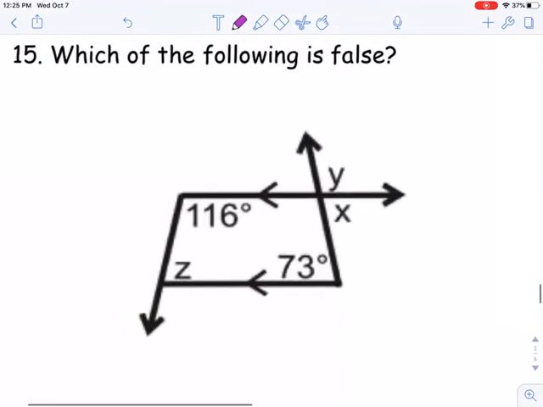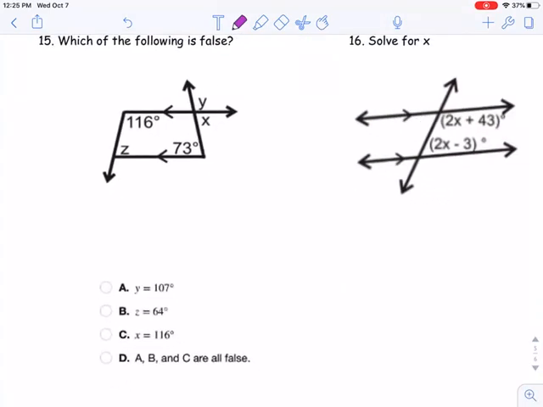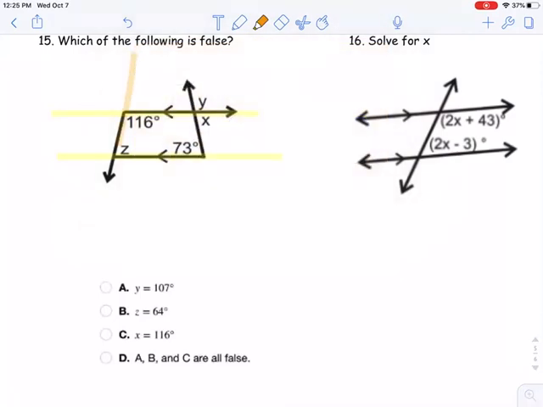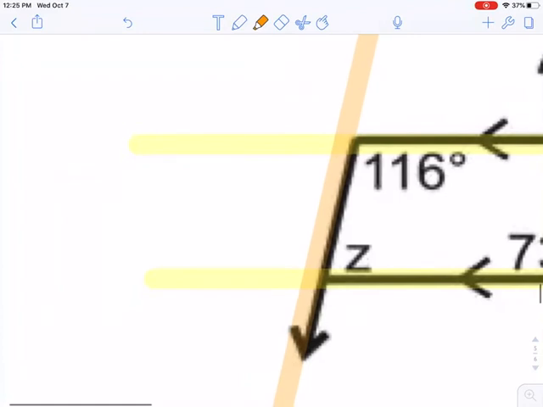Anywho, which of the following questions is false? So I like this problem right here for a variety of reasons. What can help at times is let's emphasize the parallel lines. And then we can also emphasize some transversals, like just looking at this part of the problem. Let's focus on right here. We got parallel lines.